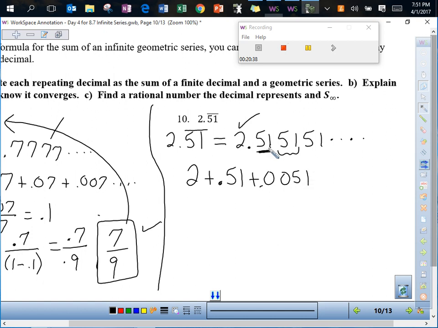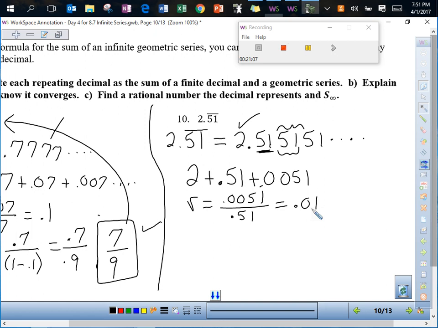This 0.51 I took care of as 0.0051. Here's why I did all of this weird looking work. I did that so I could figure out my R value is 0.0051 over 0.51. Means my R value is 0.01.